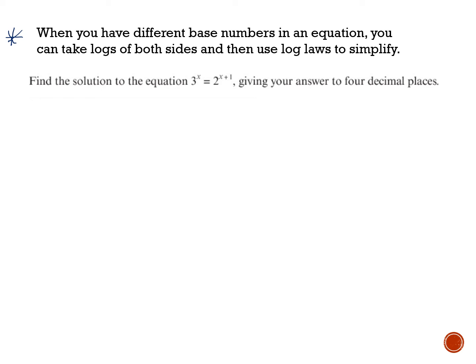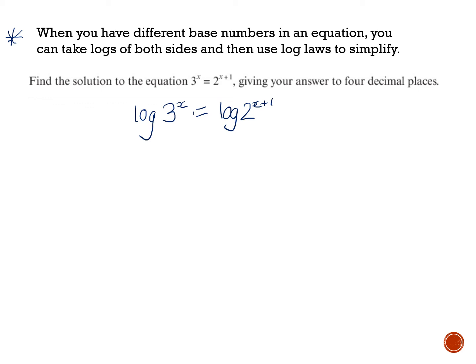Okay, so let's take logs of both sides. So I'm going to write log 3 to the power x equals log 2 to the power x plus 1. Now notice, I haven't written a base number next to my log.